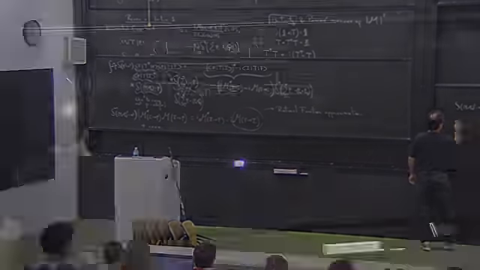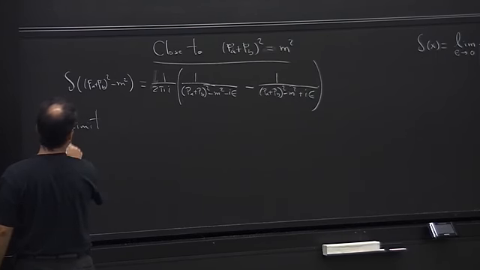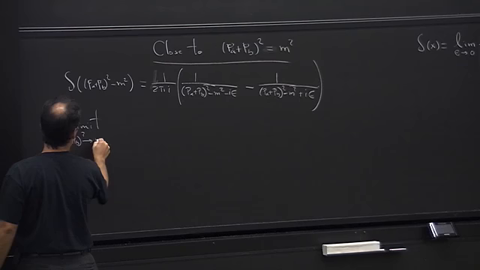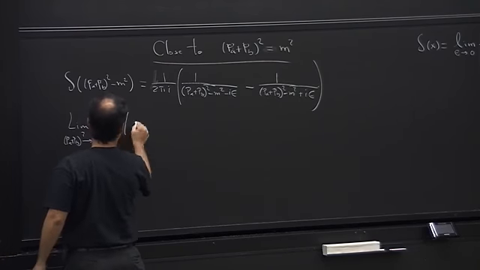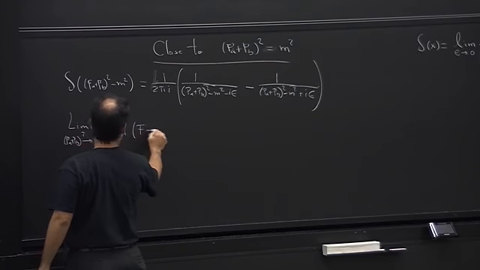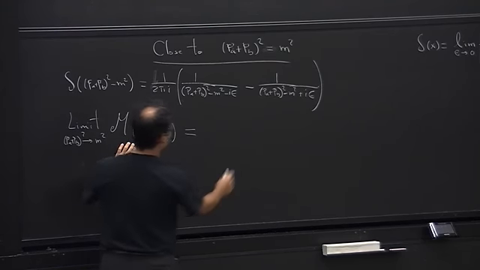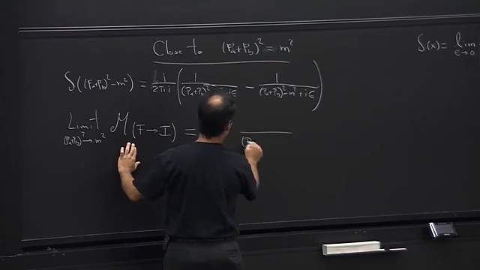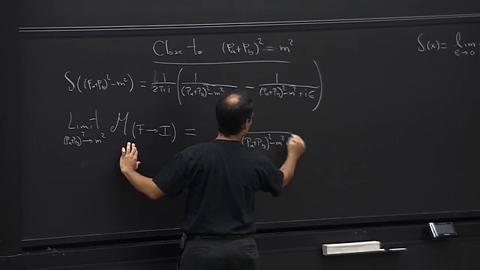So once again, in our limit of (PA plus PB) squared going to m squared, we should find that our matrix element has a singularity of the form (PA plus PB) squared minus m squared plus i epsilon.